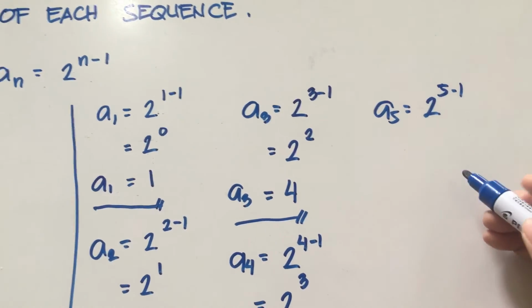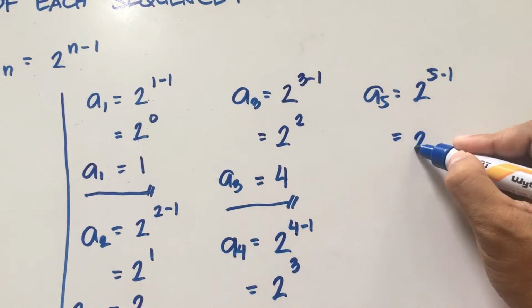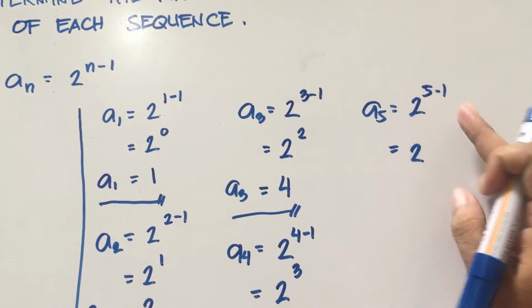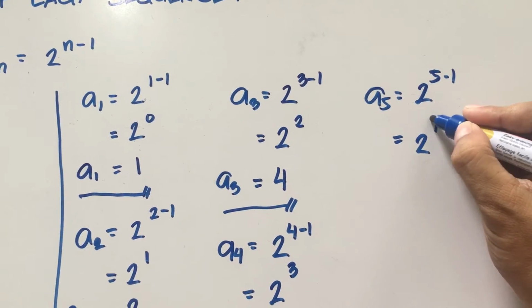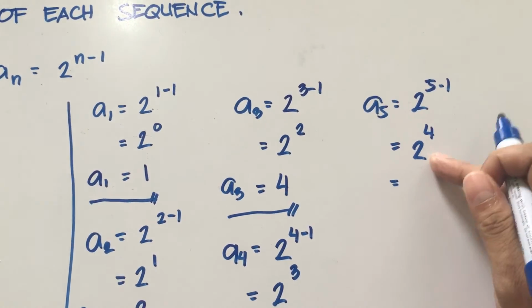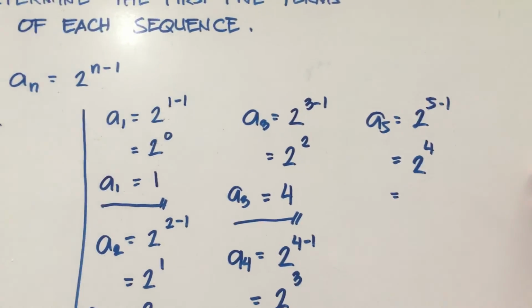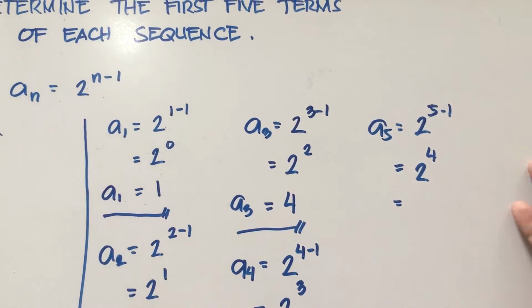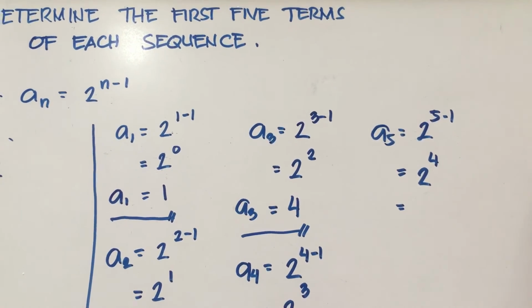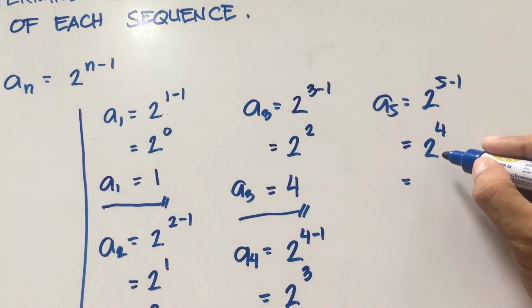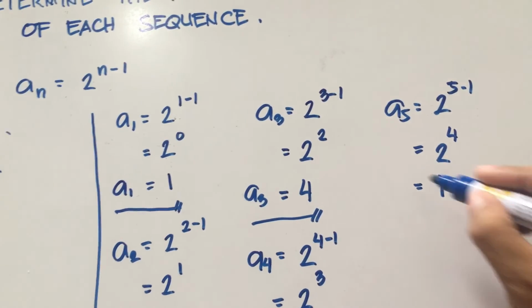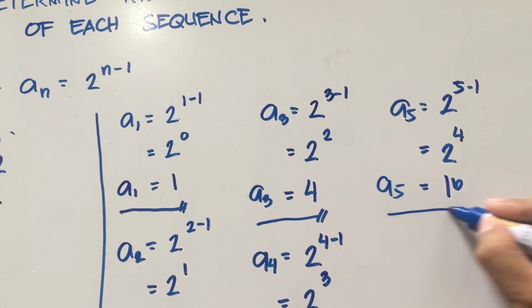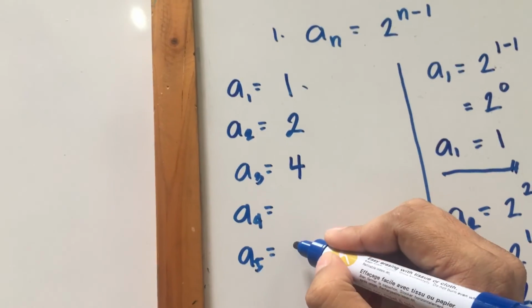Again, simplify the exponent first: 5 minus 1 is equal to 4. What is 2 raised to the power of 4? That is 2 times 2 times 2 times 2. 2 times 2 is 4, 4 times 2 is 8, and 8 times 2 is 16. So your a sub 5 is equal to 16.